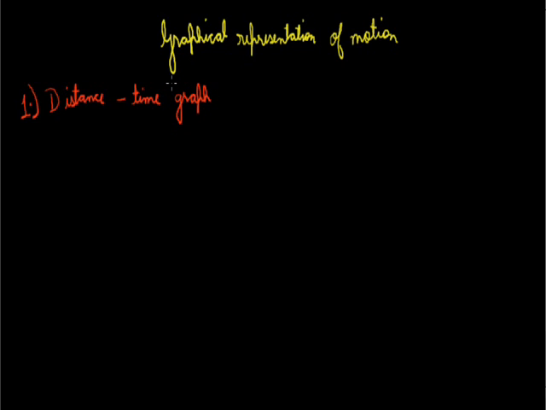As we know, as time passes the body changes its position if it is in motion. So the simplest way to describe the motion is to draw a graph between distance and time. First we will discuss when the body is at rest, how we can plot a graph between distance and time.